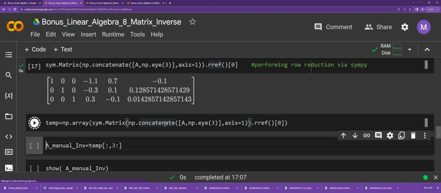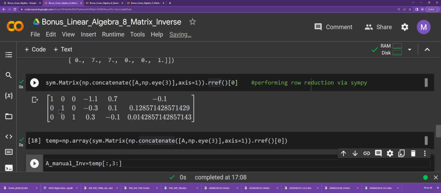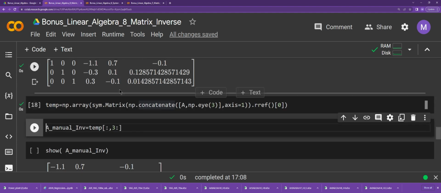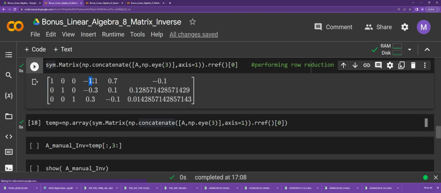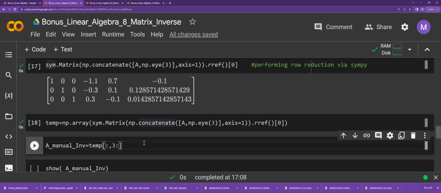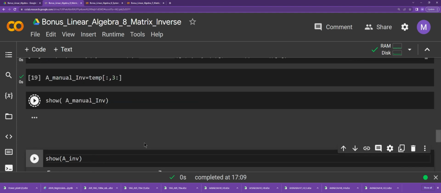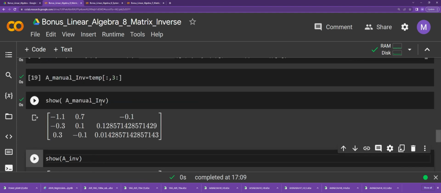So temp is this in numpy matrix format. And what do I need from this? I need all the rows, but from column 3 onward: 0, 1, 2, 3. So from here, all the rows. And that would be my manual inverse. If I do that and I show my manual inverse, I will have this.